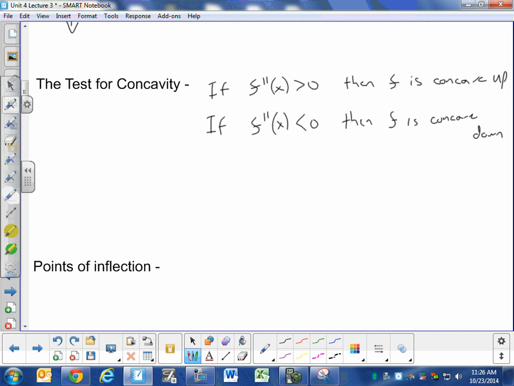Well, what if f double prime was 0? Exactly. We would not have any concavity at all. Something that would not open upwards or downwards would be like a line.